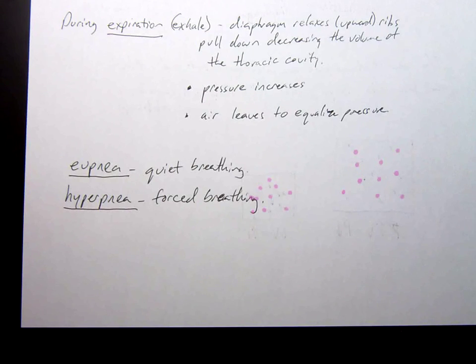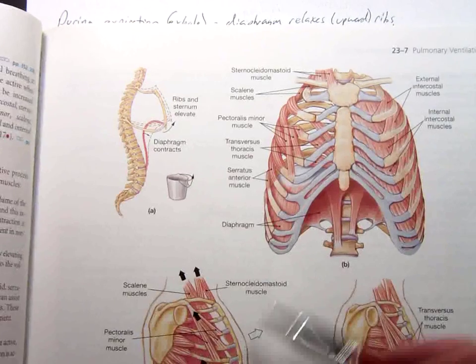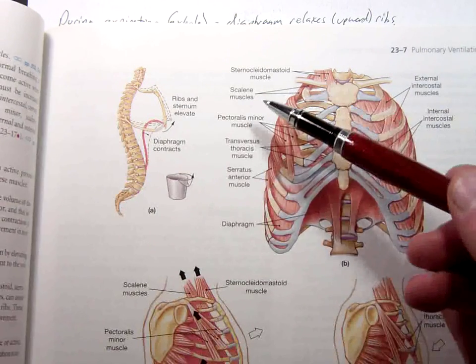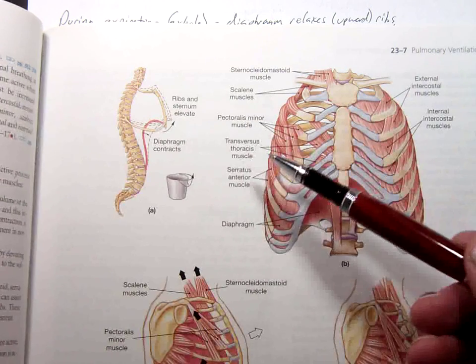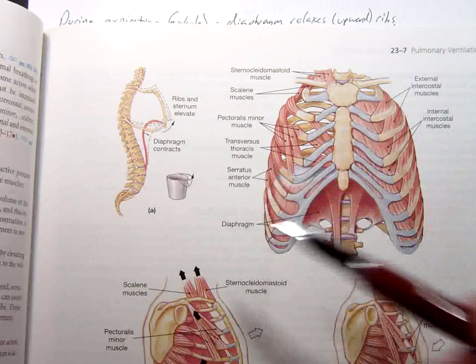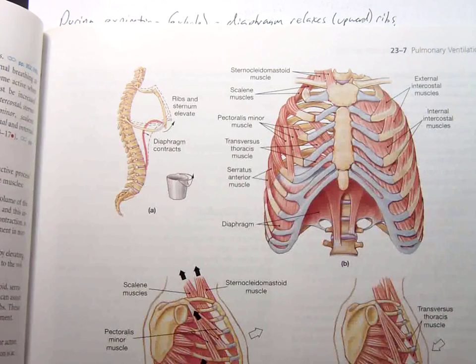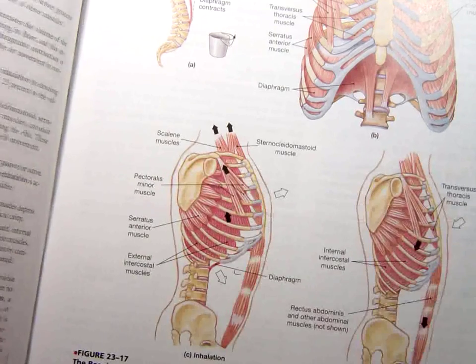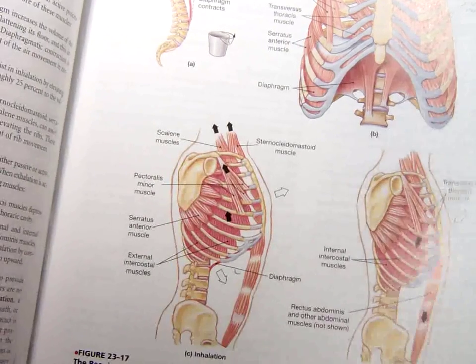If you've ever breathed really hard, you can feel it in your shoulders and your neck and in your abs, because there's several other muscles involved. When you start forcing the breathing, you employ the sternocleidomastoid, scalene, pectoralis minor, transversus thoracis, serratus anterior, as well as the rectus abdominis muscles. There's a whole bunch of other muscles involved when you really start breathing super hard.